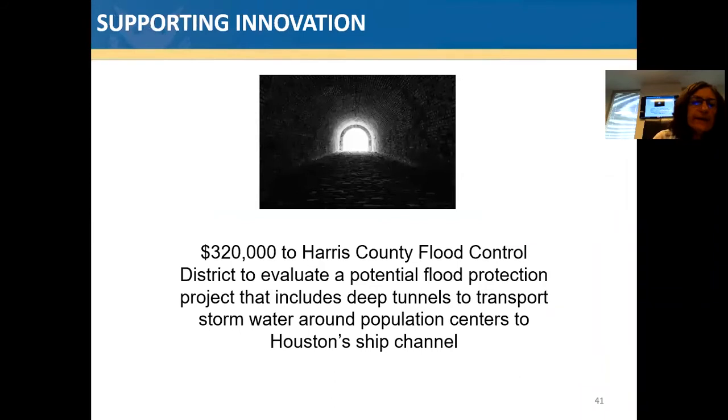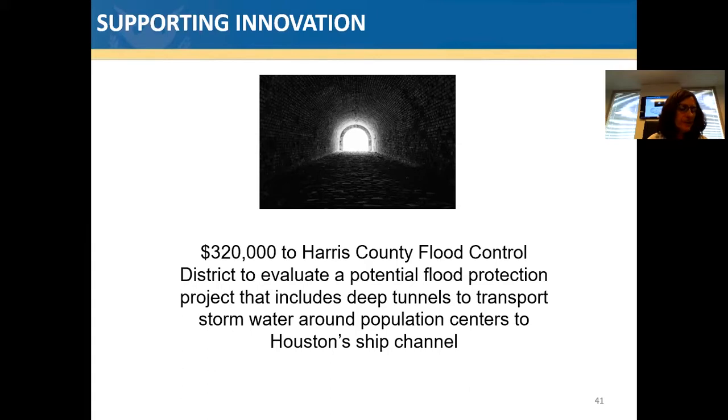And then I wanted to highlight, this is a smaller one. I know a lot of our infrastructure awards are bigger. This is a smaller one to Harris County Flood Control District in Texas. And what I find interesting about this project is it's all about innovation. They're supporting a feasibility study because they wanted to see how they could take the stormwater around population centers in future storms.